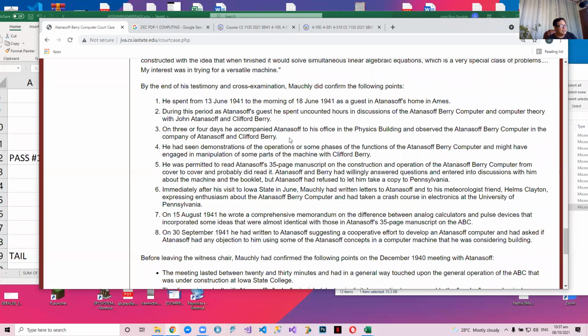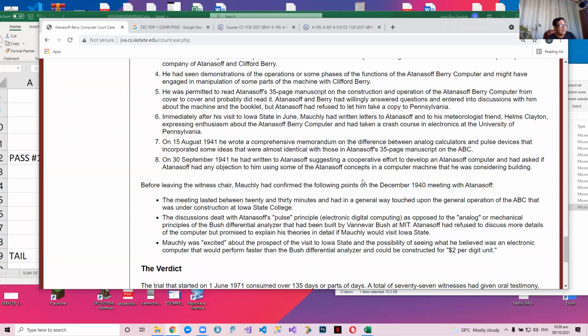They went into the office and the physics building of Iowa State, and he was allowed to observe the Berry computer. He had seen demonstrations, and he was given a 35-page manuscript on the construction and operation of the ABC computer. So he studied it. He went back and wrote letters about his enthusiasm, and he took a crash course on electronics at the University of Pennsylvania.